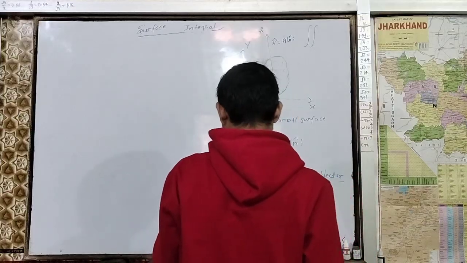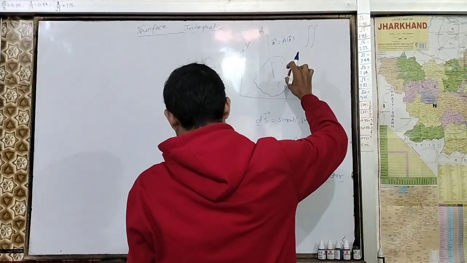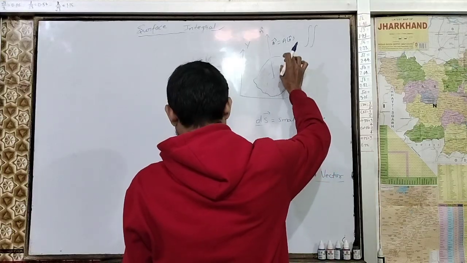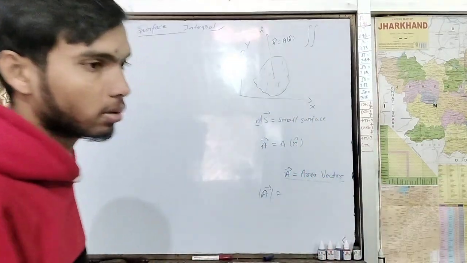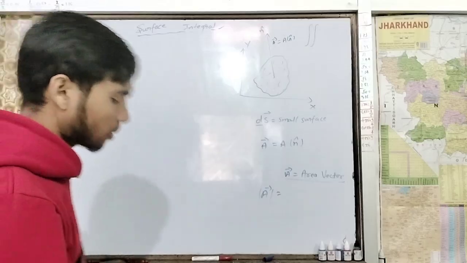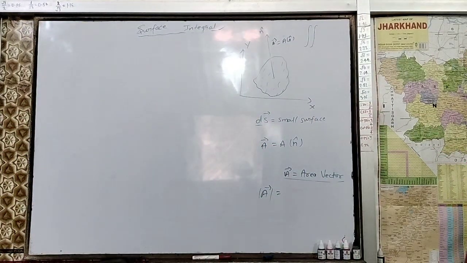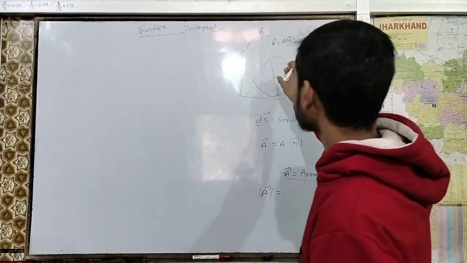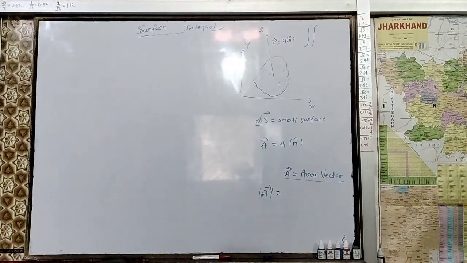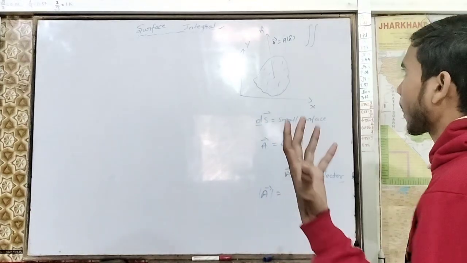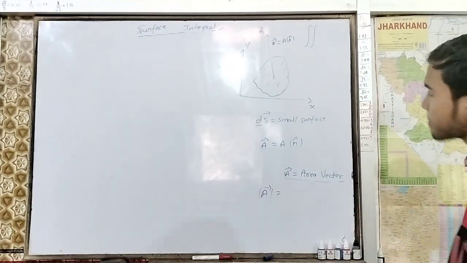Here you can see this n cap is perpendicular to the plane, vertically outward, radially outward. Outward means this side.